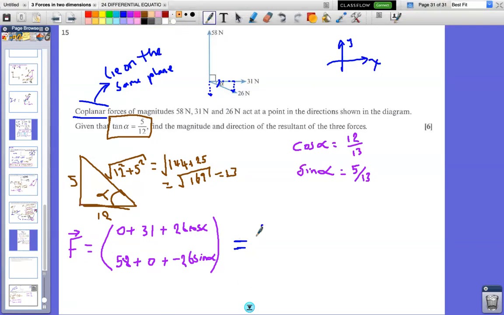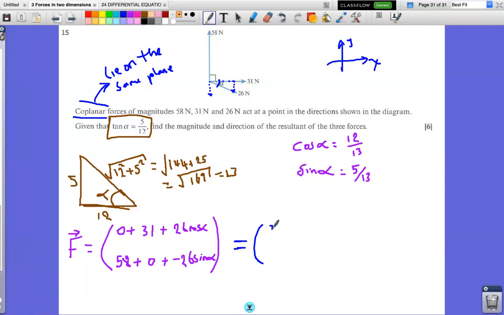So we are going to get 0 plus 31, just 31, plus 26 cos alpha, which is 26 times 12 over 13. And for y, this is 58 minus 26 times 5 over 13. What is that? That gives us 31 plus 24, correct?